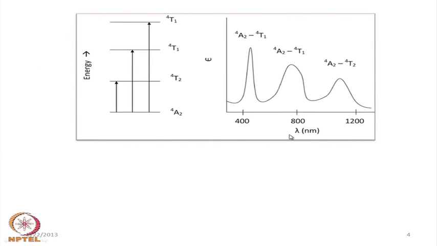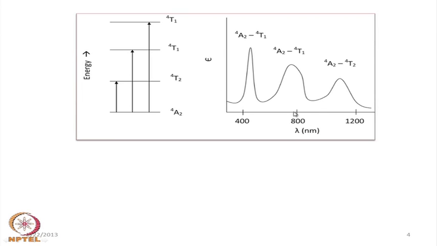This is the corresponding example for this electronic configuration. If we record it in lambda values, close to 1100 nanometer we have the lowest possible transition, from 4A2 to 4T2. This particular transition corresponds to the first band.